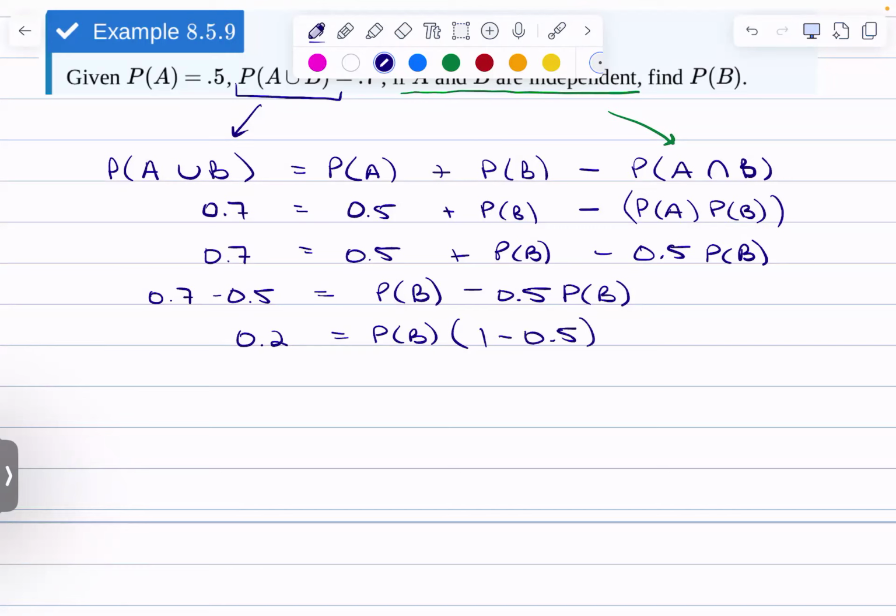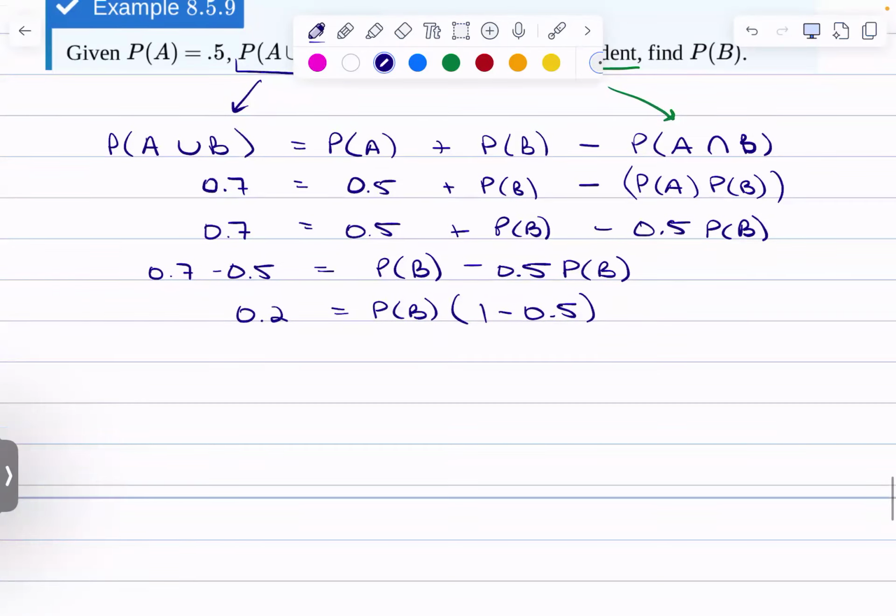Or if you just want to talk it out, the probability of B minus half of a probability of B gives me half of a probability of B left over. But technically what you're doing is pulling out a common factor and multiplying by 1 minus 0.5.